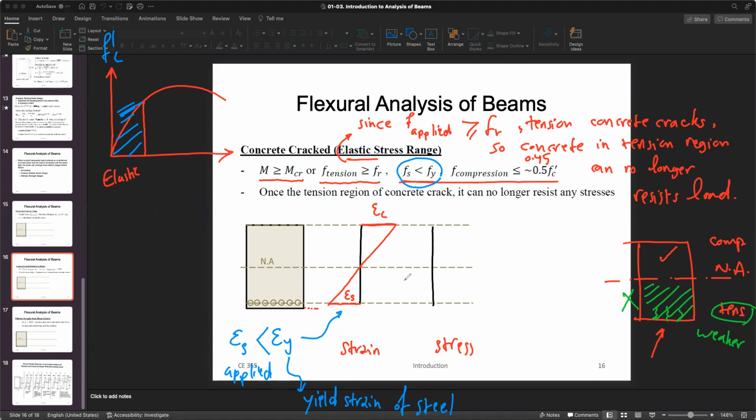So this is the deformation, the strain. What about the stress? On the stress, you have the maximum on top, so fc on top. You have a linear change. Why linear? Because you are in the elastic region. So there's a really linear relationship between stress and strain at this point.